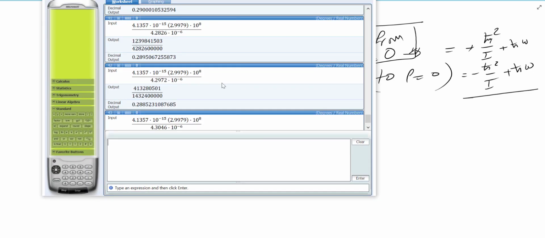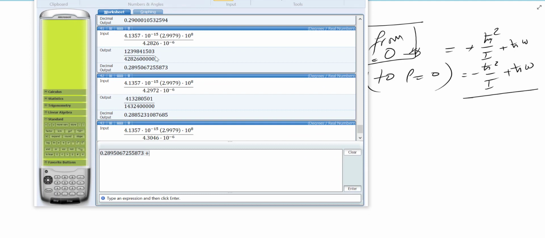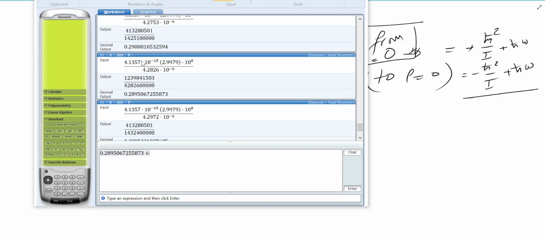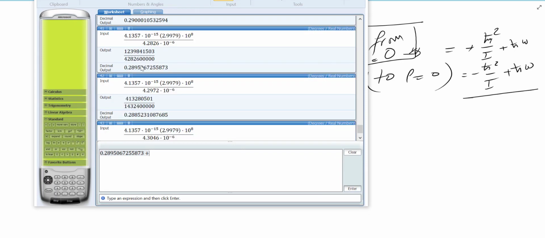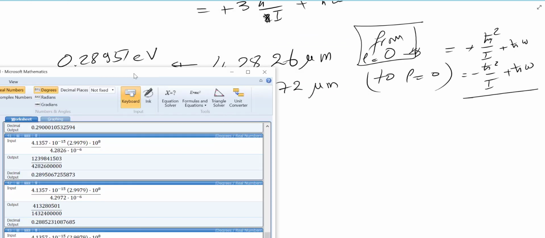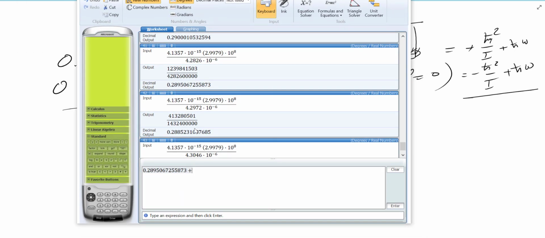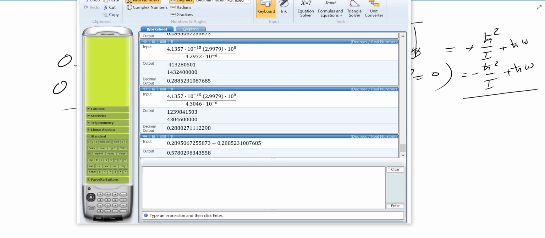Okay, so here is the number, the 5.2. So that is 0.289, and I need the number immediately next to it. And that is going to be the sum of these two.